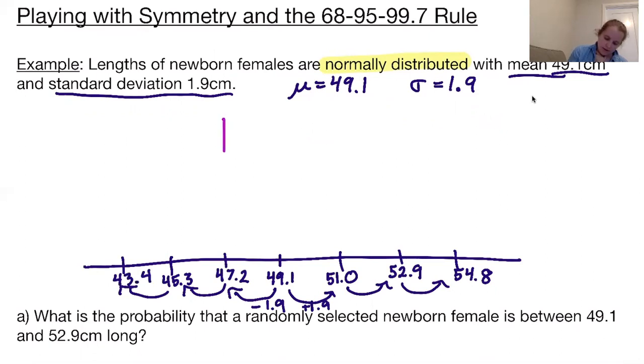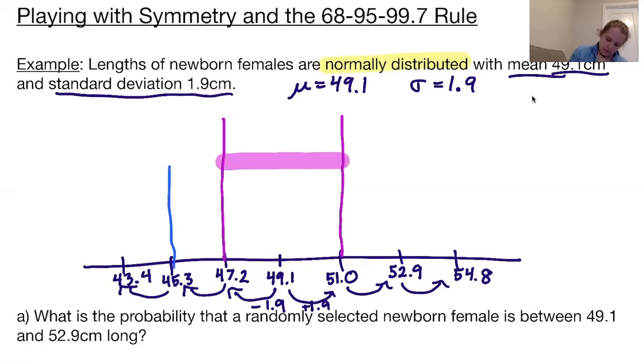We had our 47.2 to 51.0. Then our 45.3, 2 hops below, to 52.9, 2 hops above. And then 3 hops below to 3 hops above.